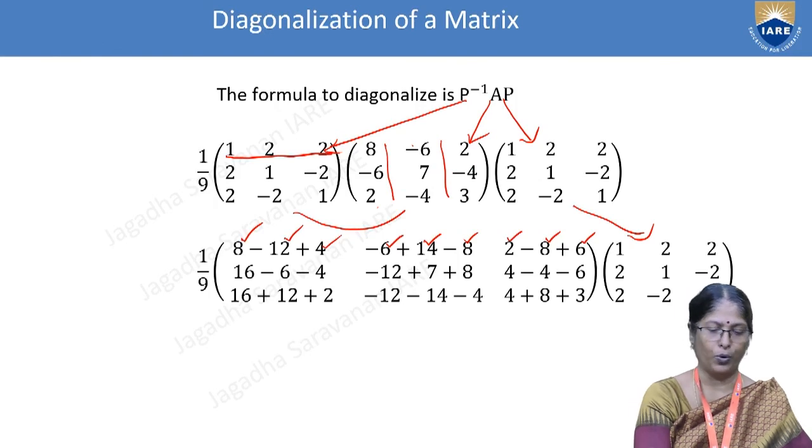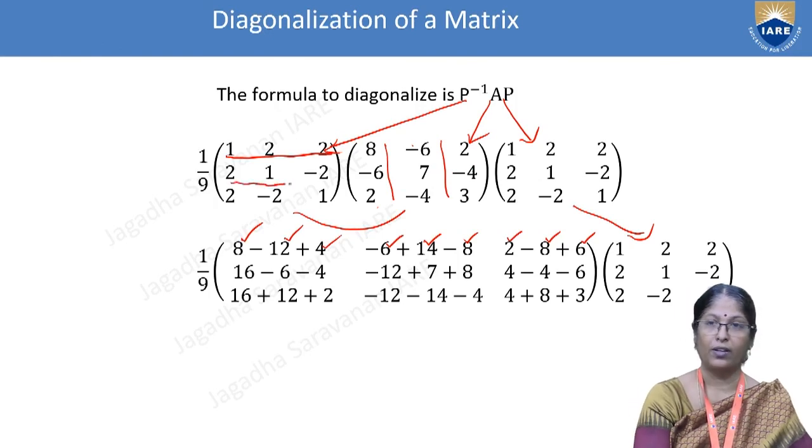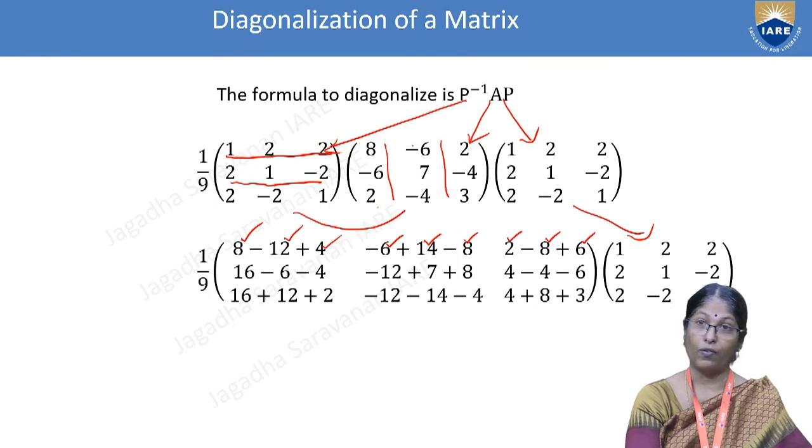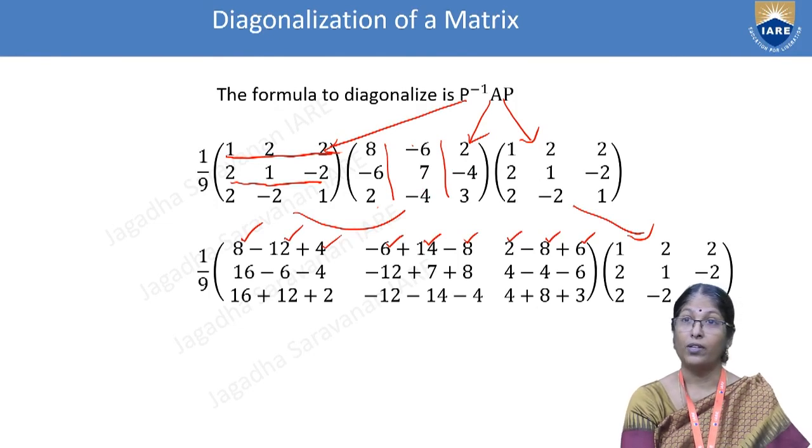Now we will move to first matrix, second row. First matrix, second row, work with all the columns of second matrix. We have to keep in our mind row first column, column second matrix. That we have to remember.